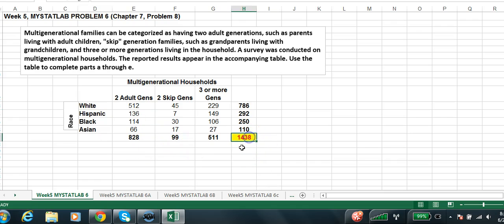Over in this lowest right-hand cell, we have our total number of multi-generational households that were surveyed. And we know that all the numbers above this cell add up to 1,438, and all the variables in the cells to the left of the cell add up to 1,438.